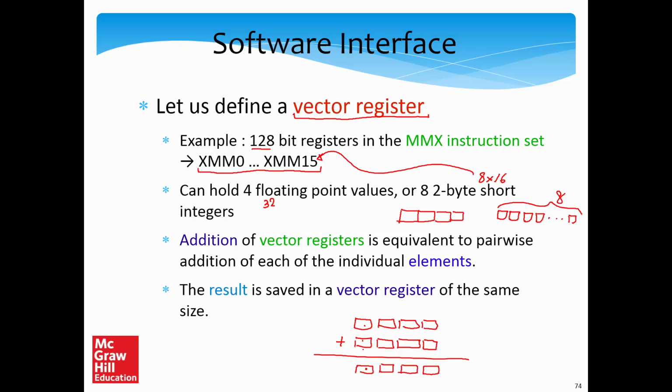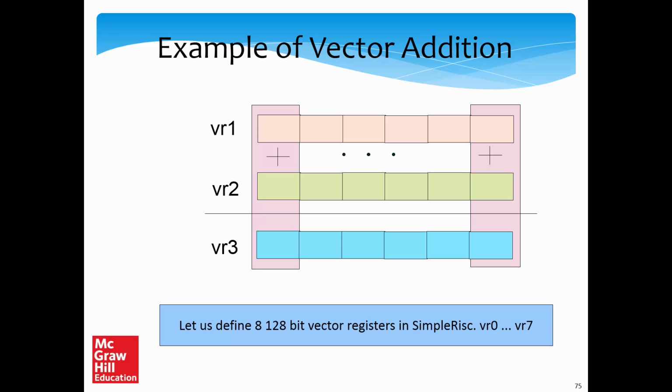Note that if I add these two values, no carry is transferred across, because for all practical considerations these are different values. There is absolutely no movement of any carry across the parts of the vector register. They are separate. Finally, the result is saved in a vector register of the same size, which is 128 bits in this case.